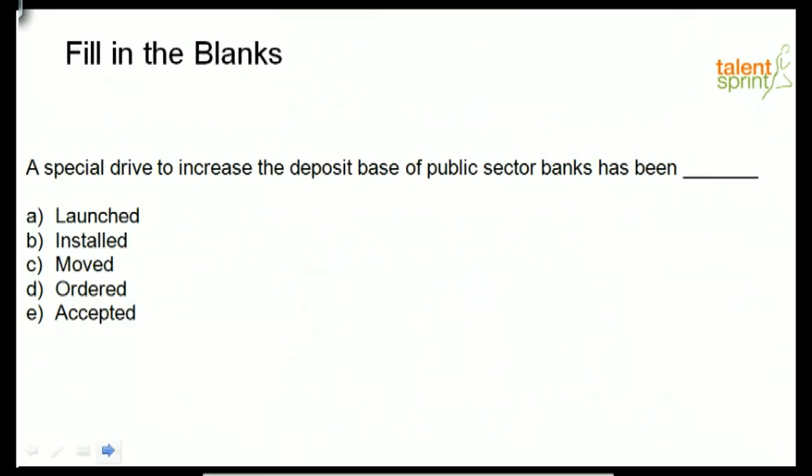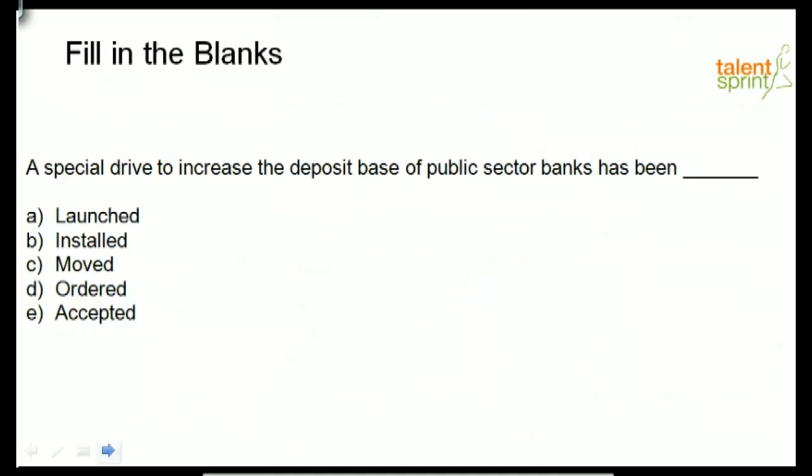So, in this question, usually there will be connecting words or connecting sentences. When it comes to jumbled sentences, we need to look for keywords, like we saw in the closed passage.